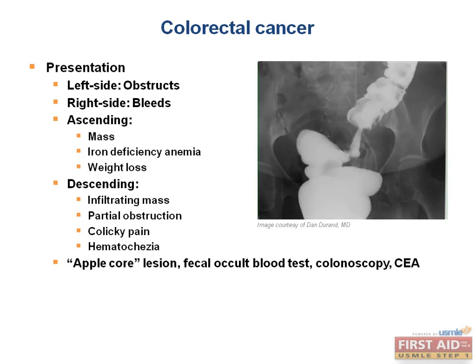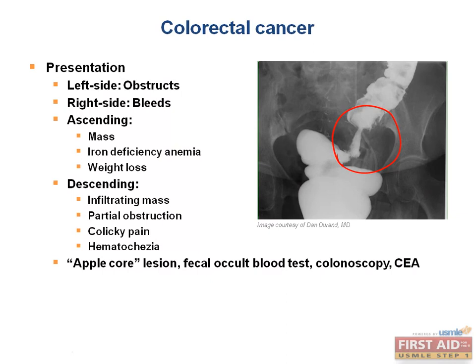Regarding diagnosis, the classic teaching is that iron deficiency anemia in older males is colorectal cancer until proven otherwise. Patients over 50 should get fecal occult blood tests and colonoscopies. A barium enema in advanced cases might show an apple core lesion, which you can see here.